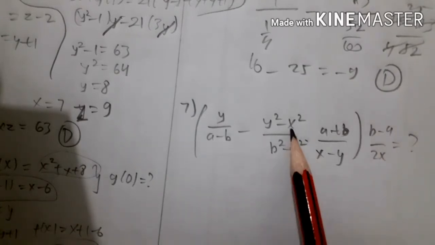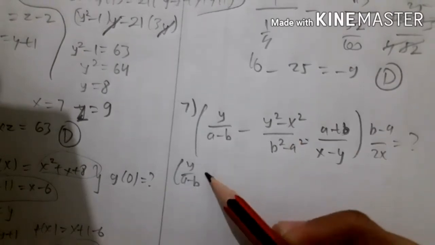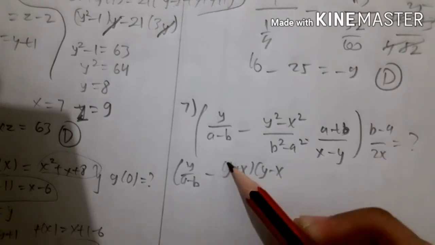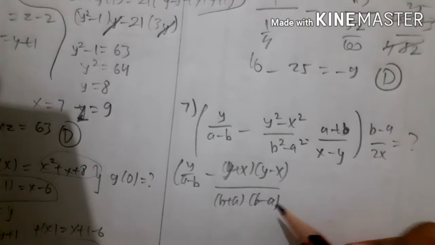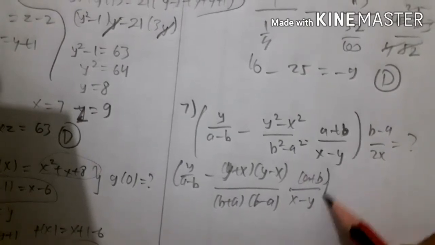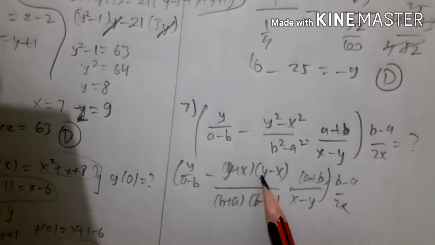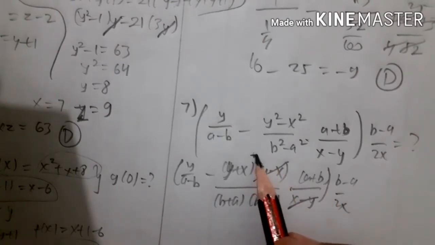Now we just simplify this because we know that with the principle of algebra, we could change it into y plus x, y plus x, y minus x, b plus a, b minus a times a plus b over x minus y. Okay, now here you could cross this, but it will become minus, right?